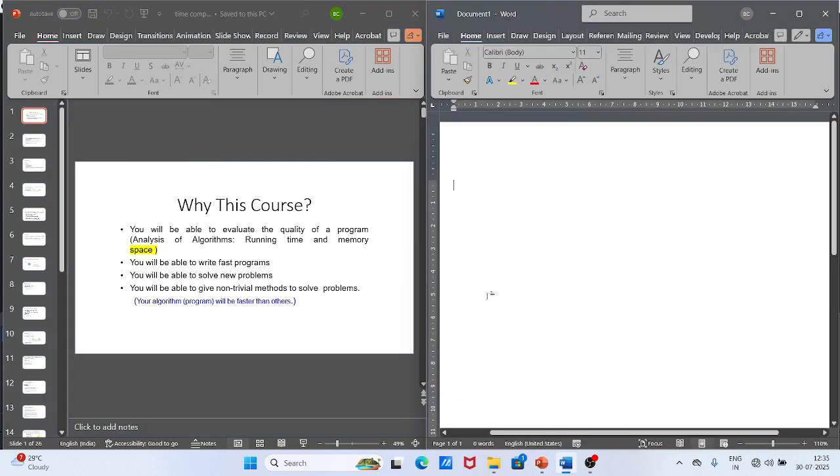Today we begin an important and practical topic, time and space complexity. These concepts help us measure how efficient our programs are in terms of speed and memory usage.